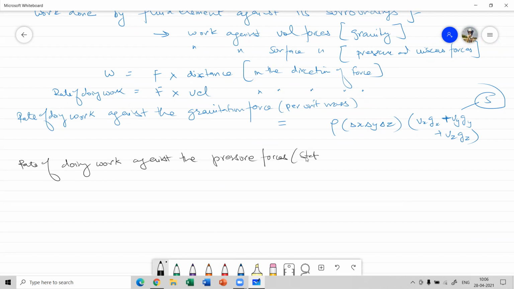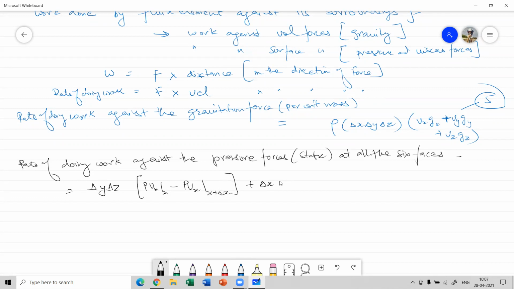Let's say the static pressure remains stationary at all the 6 faces. It will be, first in the x direction, delta y into delta z into p into vx at x minus p into vx at x plus delta x.